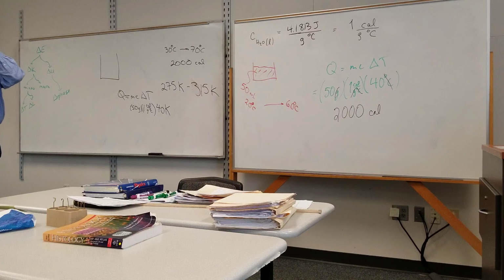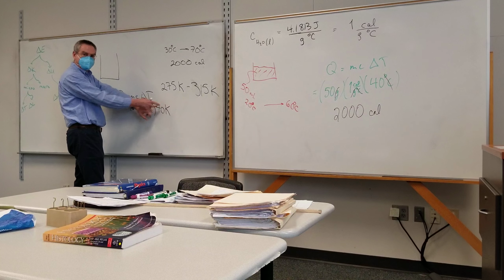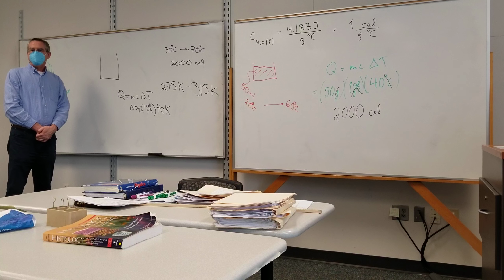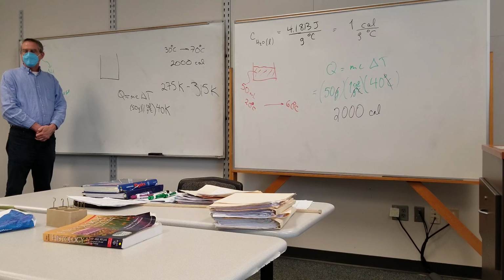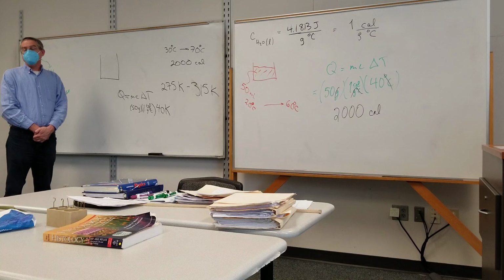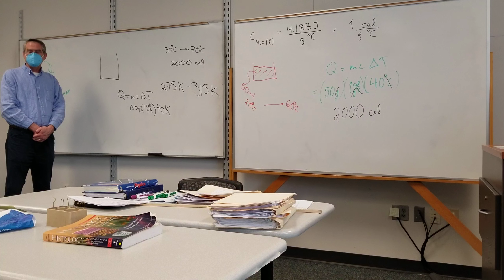2,000 calories? How do we resolve this whole thing, I've got degrees Celsius here and I've got Kelvin there. Can you convert anything? I mean, they're both temperatures, right? Yeah, they are. So do you convert anything? We can. How do you go from degrees Celsius to Kelvin, or Kelvin to degrees Celsius?